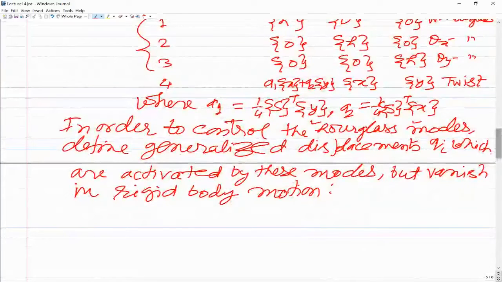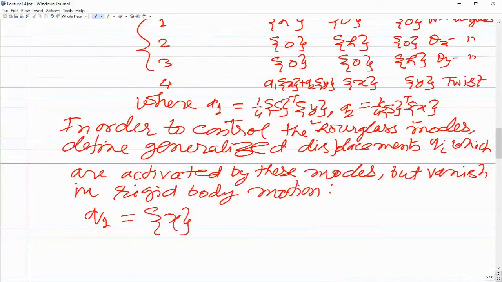So let us define q1, qi I said. q1 is a generalized displacement, and this is defined as some vector gamma. This gamma is different. This gamma is not the transverse shear one. We are going to define this gamma, but I am using that same notation.